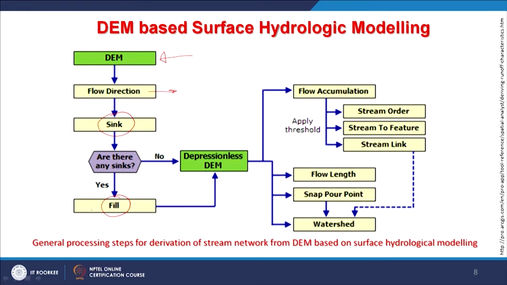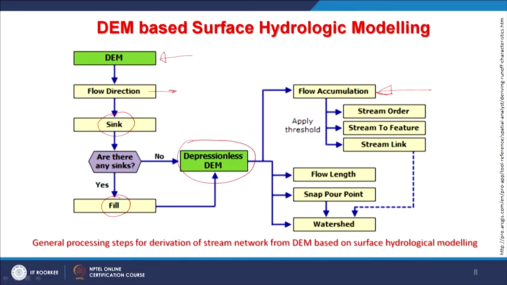After this sink fill, your digital elevation model becomes a depressionless DEM, or sink-proof digital elevation model. This will go for further processing, and the next step is to calculate flow accumulation. What exactly flow accumulation is, and what flow direction is, we will discuss subsequently within this lecture or in the next one.